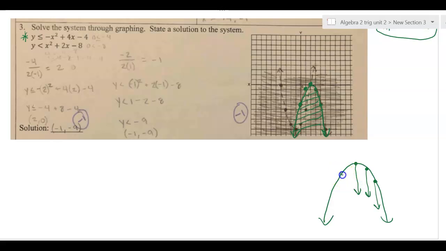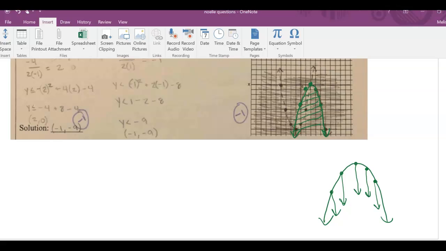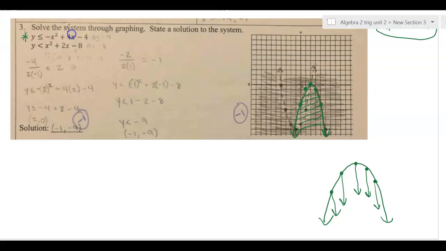The other option is that you can test any point on the graph and you can see if it makes that inequality true or false in order to decide if it's part of the shading or not part of the shading.